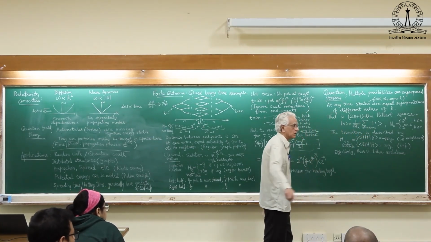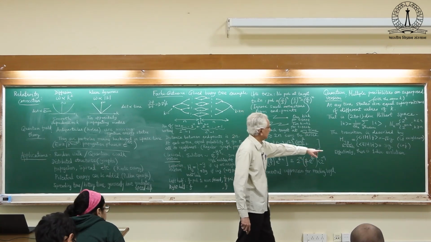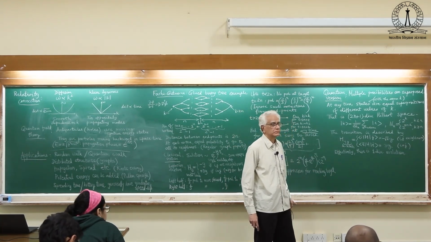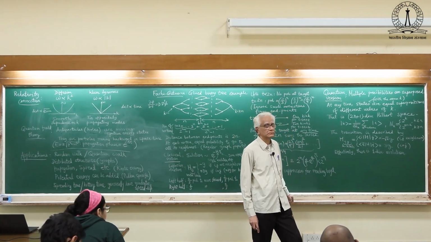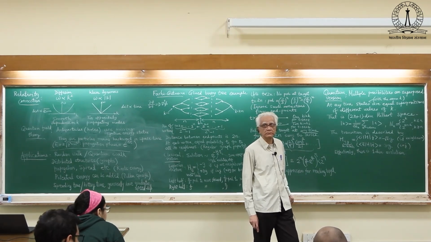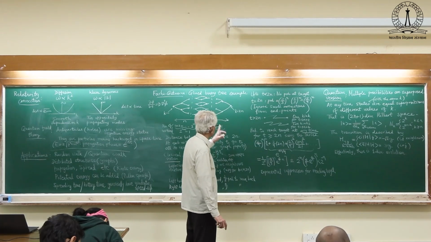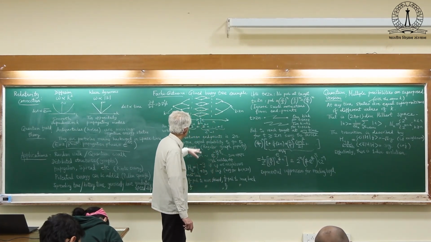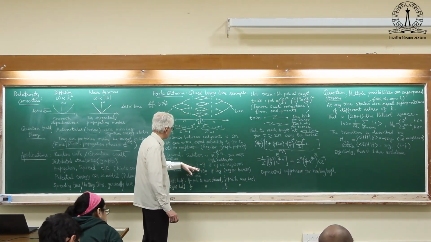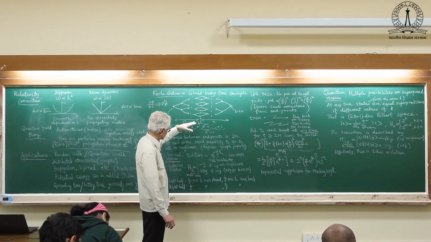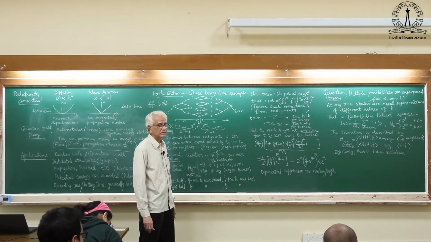There is evolution along a line labeled by values of k. And that is a huge reduction compared to the dimensionality of the matrix, which was here 2 raised to n.